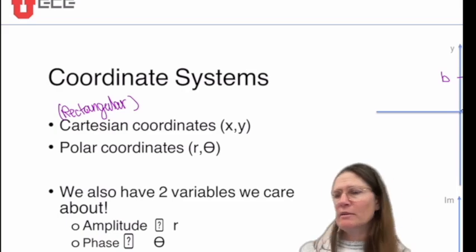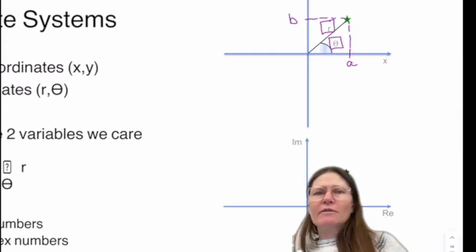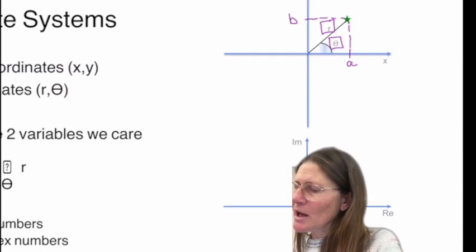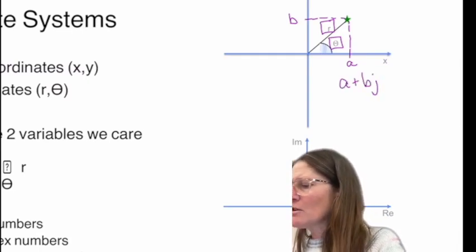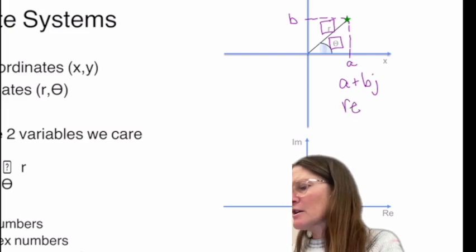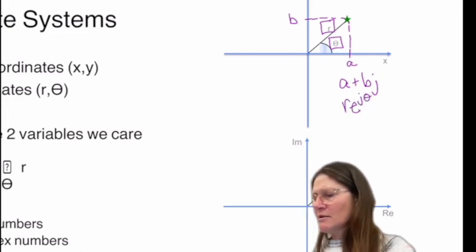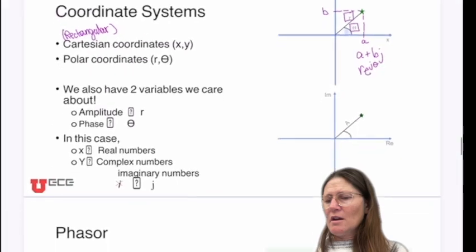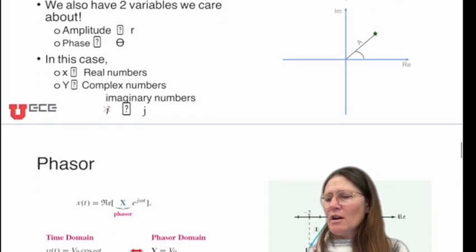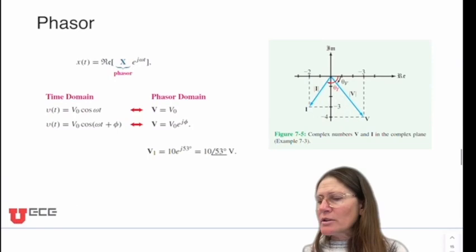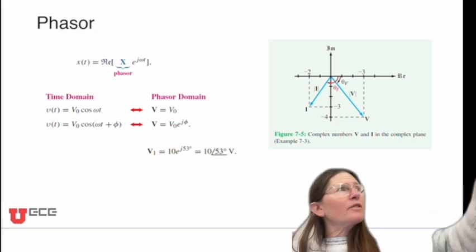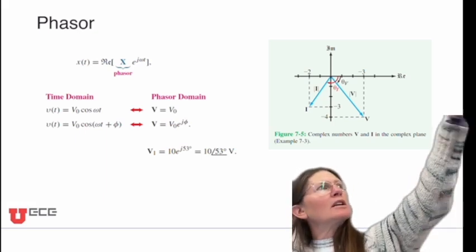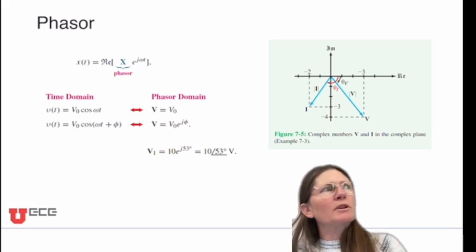They mean the same thing. So you can have A and B, so this would be A plus Bj, or R e to the j theta. So the general form is in the time domain, and then in the phasor domain, that would be your form.